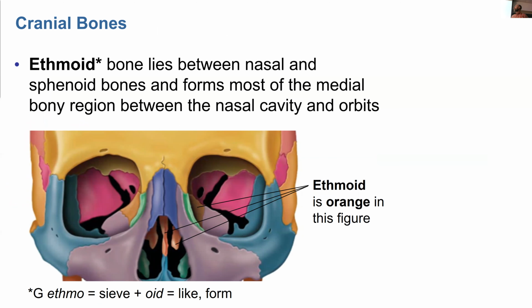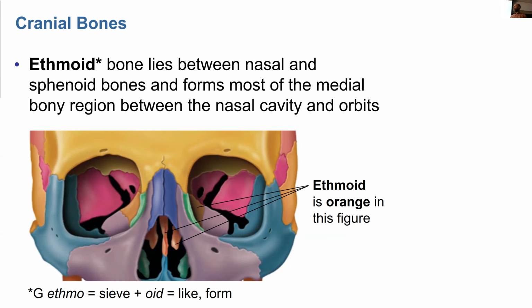Let's talk about the ethmoid bone. So the ethmoid bone is this other funky bone of the cranium. This is from the anterior view, and you can see parts of it poking through the nasal opening here, and the orbit of the eye here. It doesn't really do it justice. You just see little bits and pieces of it sticking out.